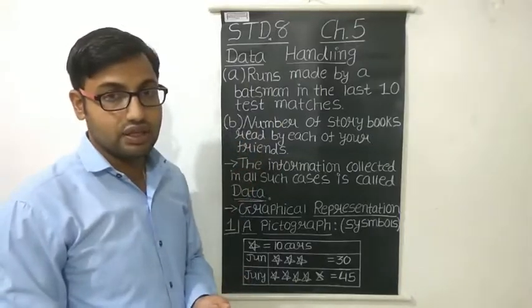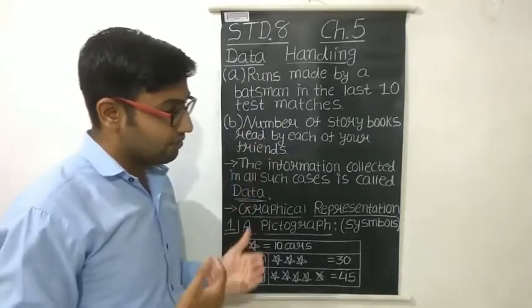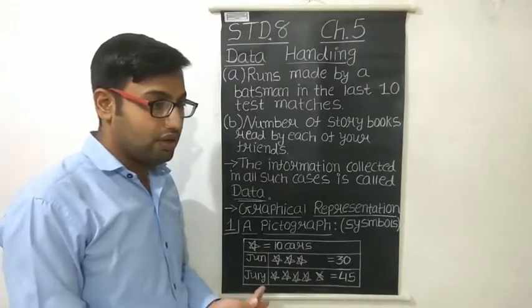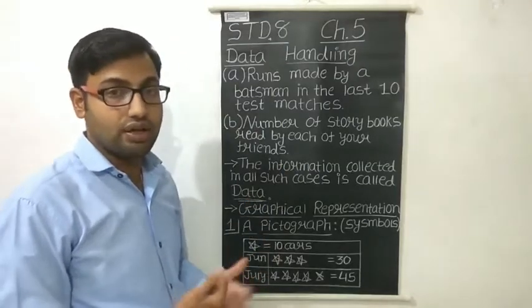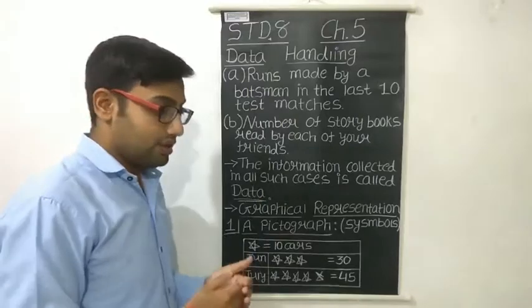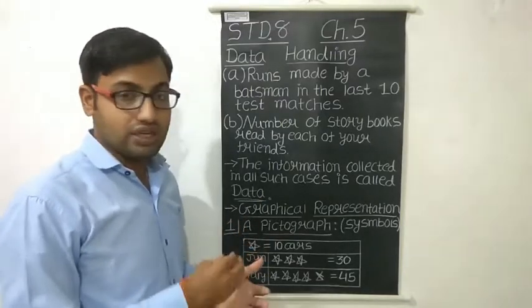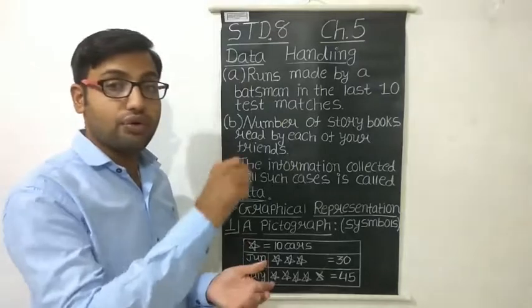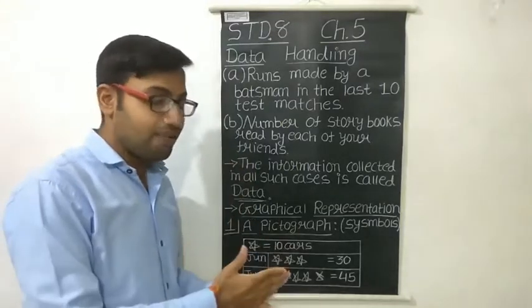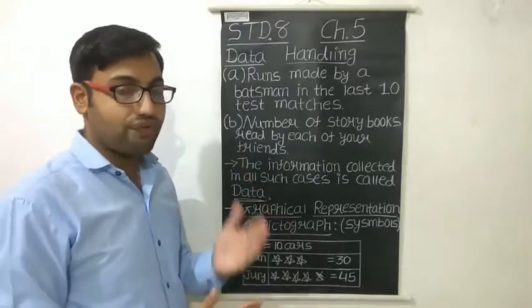Also, let us take one more example. You have a unit test in your school. Your maths teacher has to check all the papers and write down all the marks obtained. Let us say the test is of 50 marks.